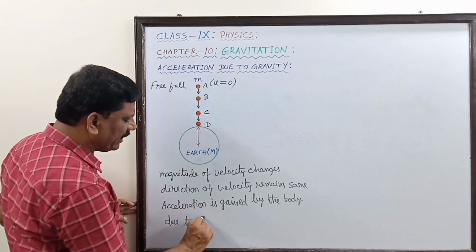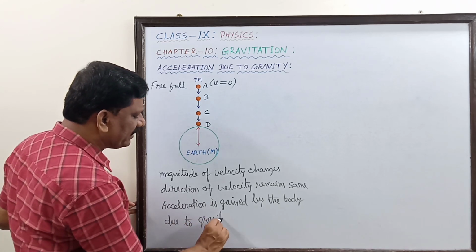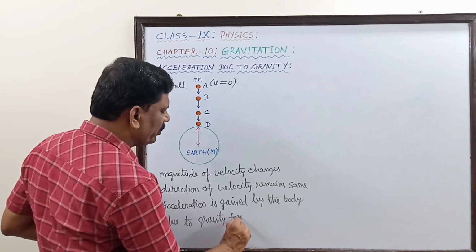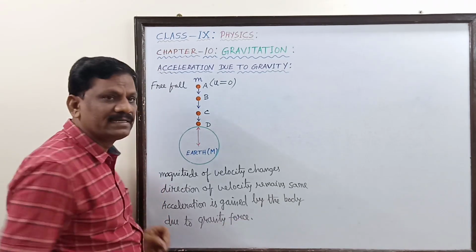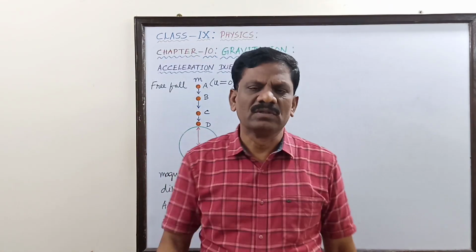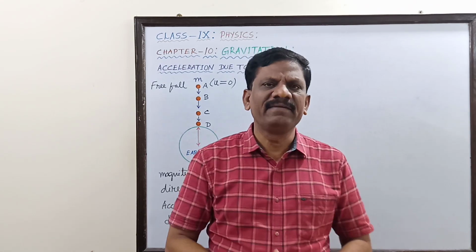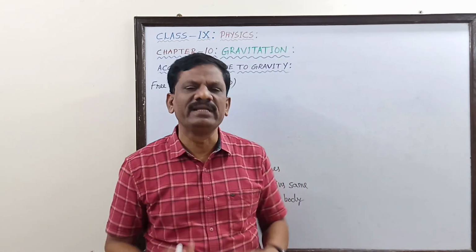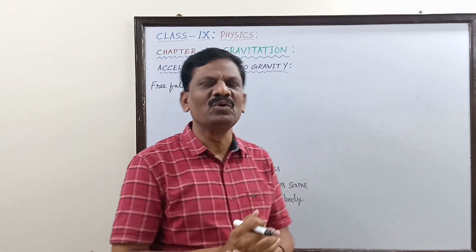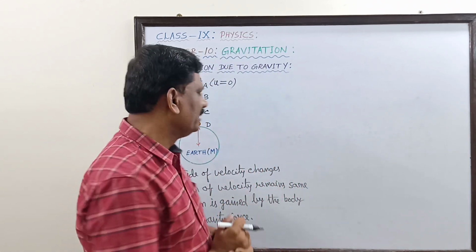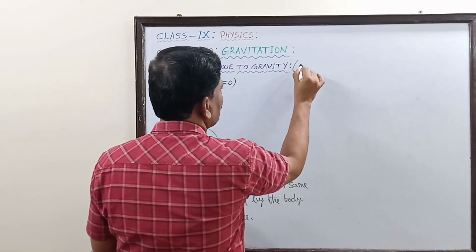Due to the gravitational force exerted by the earth. So this acceleration gained by the body due to the gravitational force exerted by the earth only is called as what? Acceleration due to gravity, and it is denoted by the symbol small g.